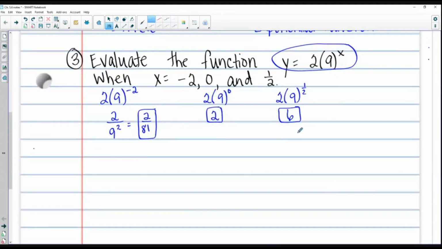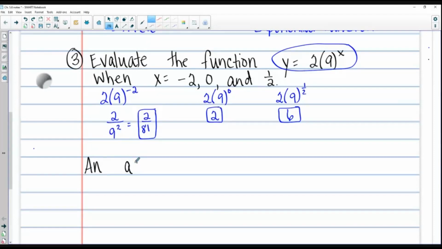Okay, so the next thing I want to talk to you about after you write this down is the vocabulary word asymptote. Okay, so right below it, we're going to write that definition.